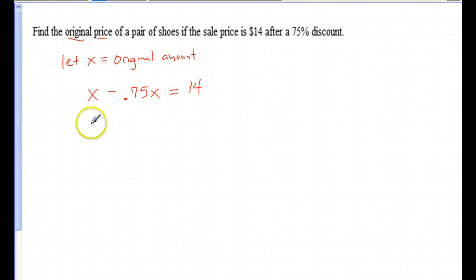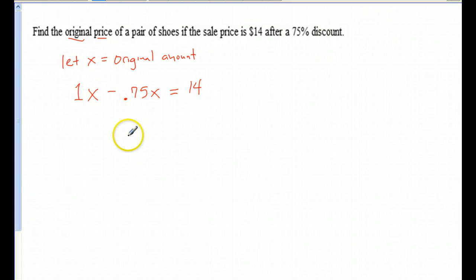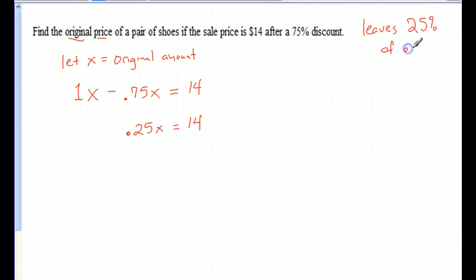Alright. Now, when you do this subtraction, you got to also remember there's a 1 right here. It's 1x minus 0.75x. So you got 1, you're subtracting off 0.75, what's left? 0.25. So another way you can think of this, if you want to skip this step every time, is if there was a 75% discount, that means you're still left to pay 25% of the original price.